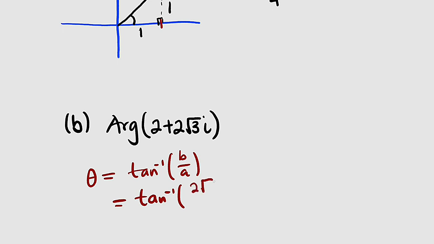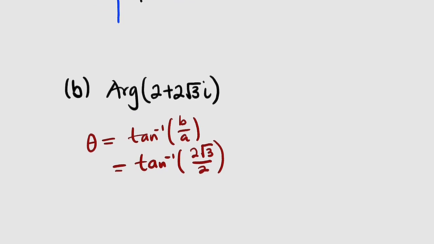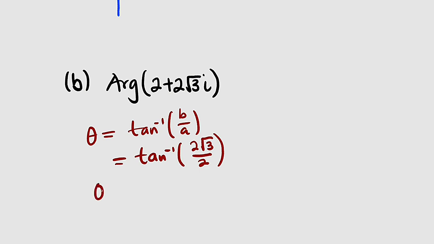It is 2 root 3, divided by 2. And 2 root 3 divided by 2 is just root 3. So we are looking for just the tan inverse of root 3, and tan inverse of root 3 is pi by 3. Therefore, this angle that we are looking for is equal to pi by 3, or 60 degrees. And we're done.